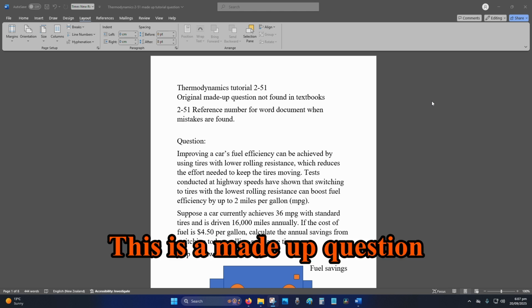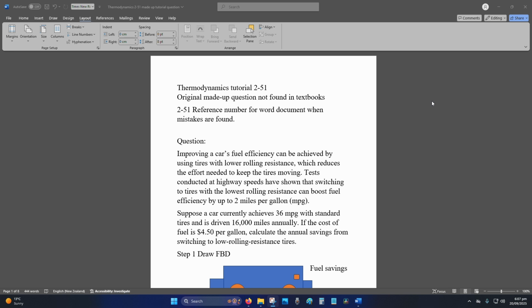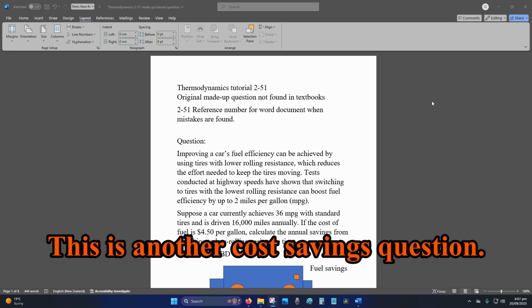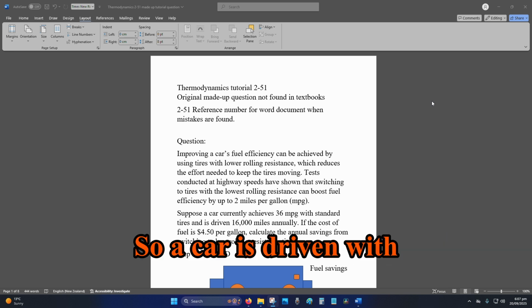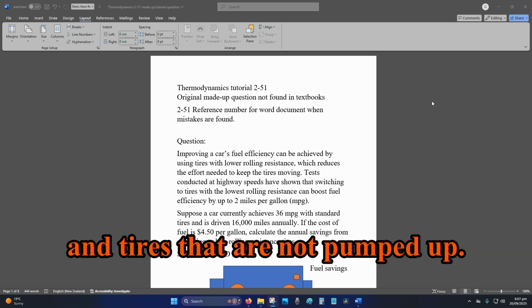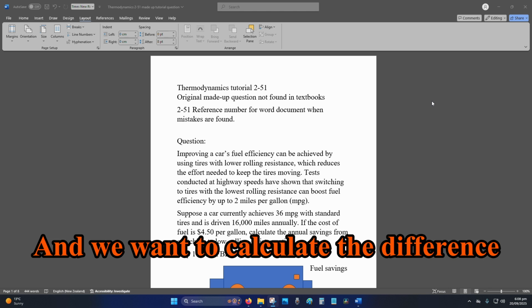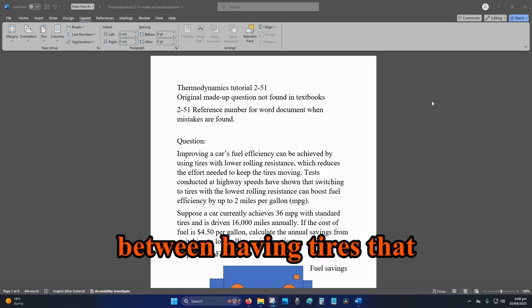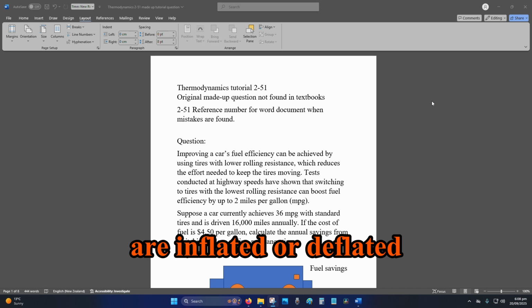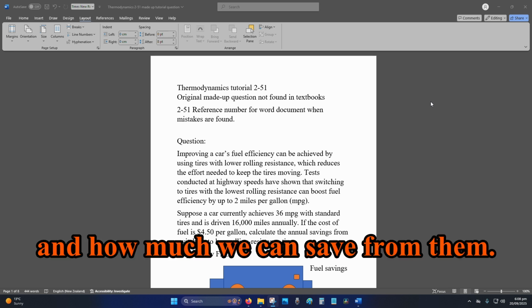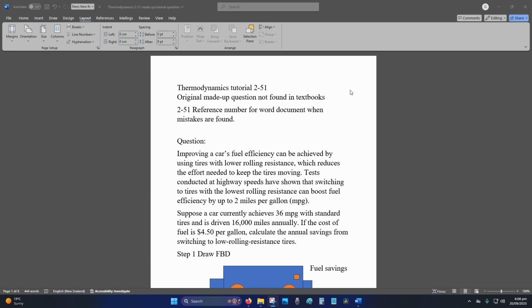This is a made-up question not found in your textbooks. This is another cost savings question. A car is driven with tires that are pumped up and tires that are not pumped up. We want to calculate the difference between having tires that are inflated or deflated and how much we can save from them.